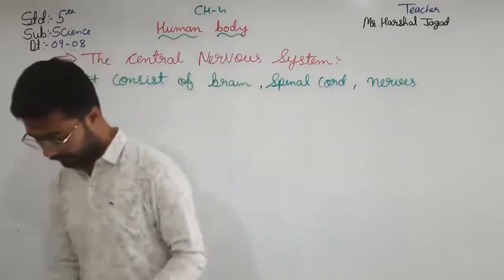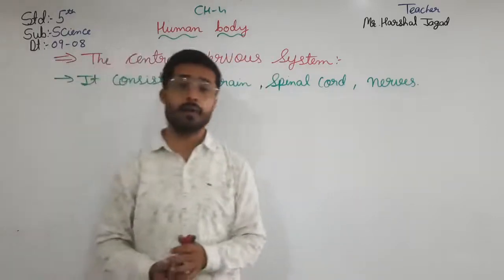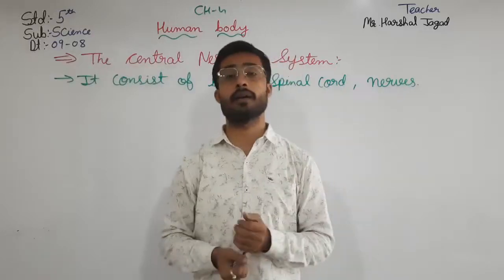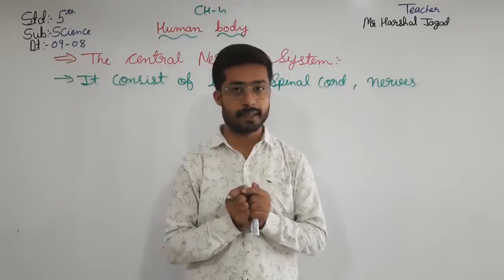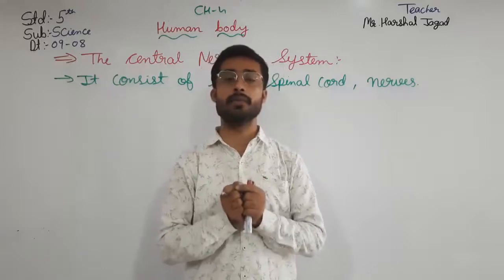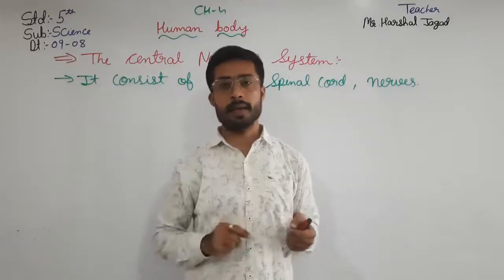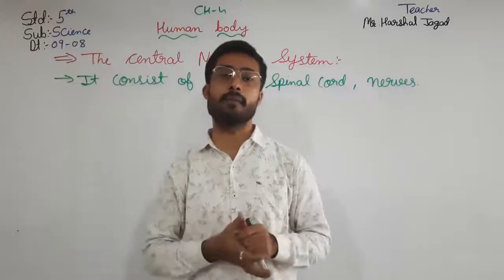Here, what is the work of the nervous system? It is like a postman, we can say. What does the postman do? We write a letter and put it in the post box.